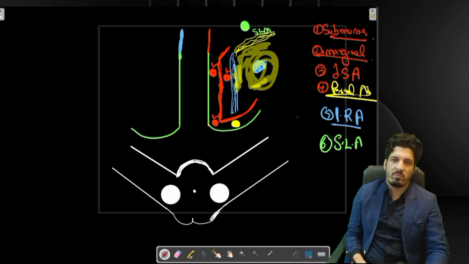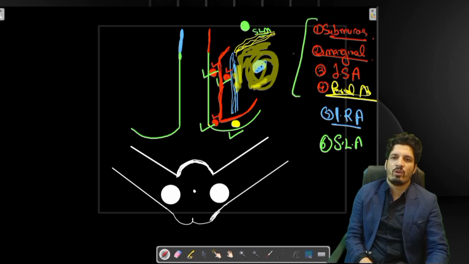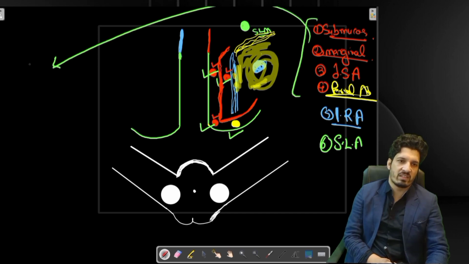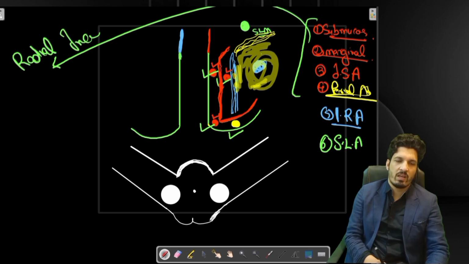For the submucosal, marginal, perianal, and intersphincteric abscesses, exactly the first 4, you will give the radial incision.